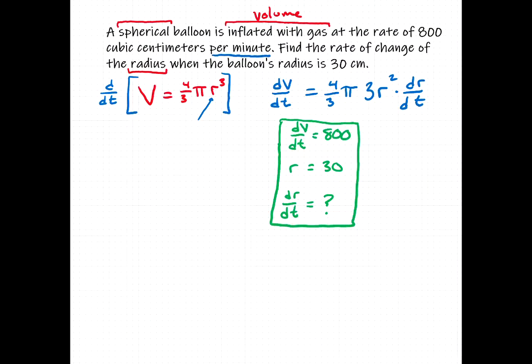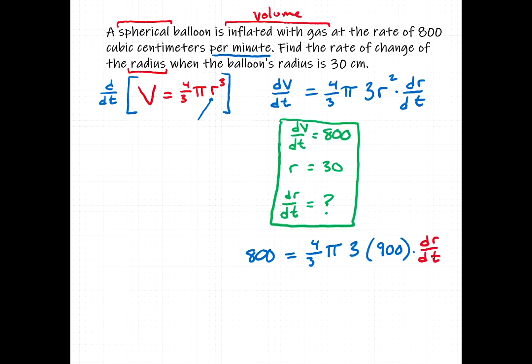Okay, so dV/dt, that is 800, equals 4/3 times pi times 3 times the radius squared. So that's 30 squared, or 900, times dr/dt, and that's what we're looking for.